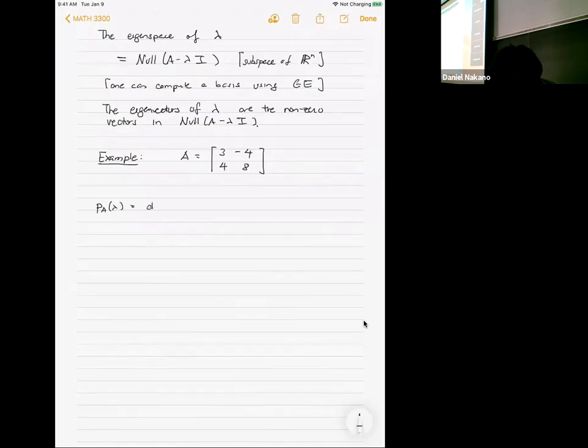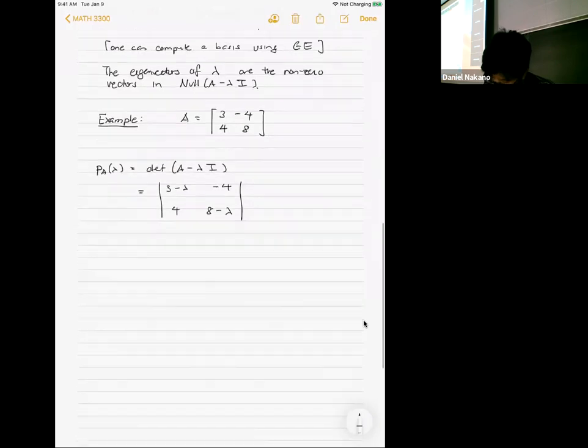That's going to be the determinant of A minus lambda I. I take the matrix A here, and I subtract off lambda from the diagonal. So I get 3 minus lambda, minus 4, 4, 8 minus lambda.